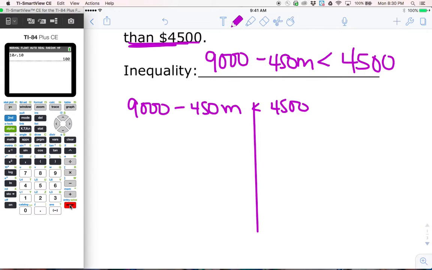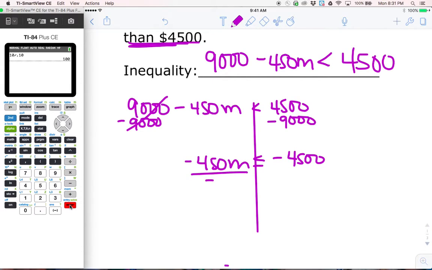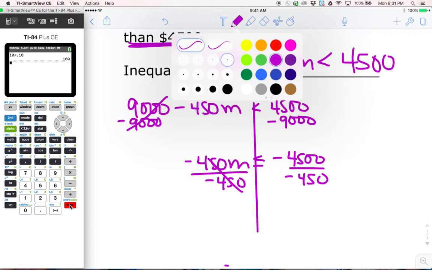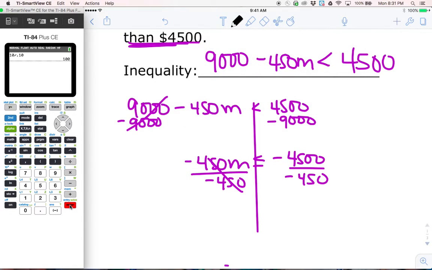All right, first let's get rid of this constant 9,000. So we've got negative 450M is less than or equal to negative 4,500. We're going to divide out this negative 450. And before we do anything else, we're going to remember that, okay, we just divided by a negative, so this has to get switched around.